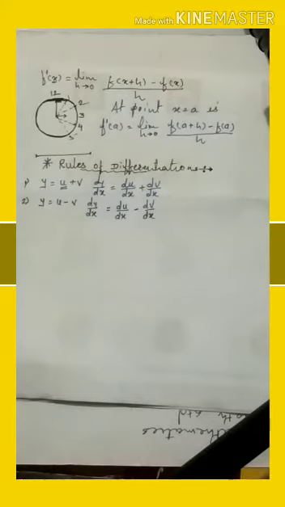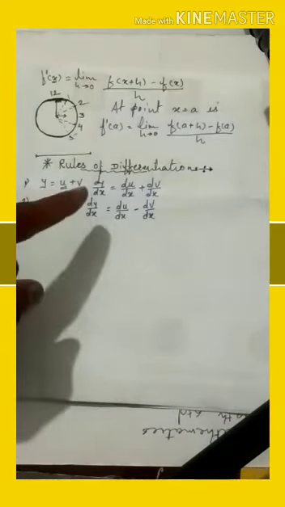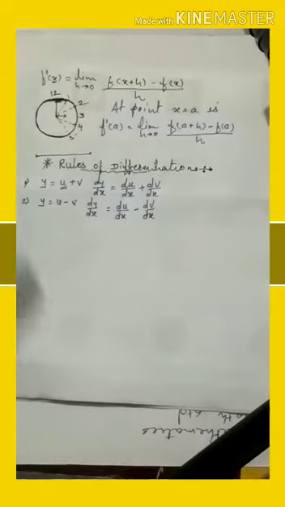If y is a combination of the two variables, that are u and v, y is equal to u plus v, then differentiating y with respect to x, we will get dy by dx is equal to, will carry the same, differentiating u with respect to x will give us du by dx, and differentiating v will give us dv by dx.